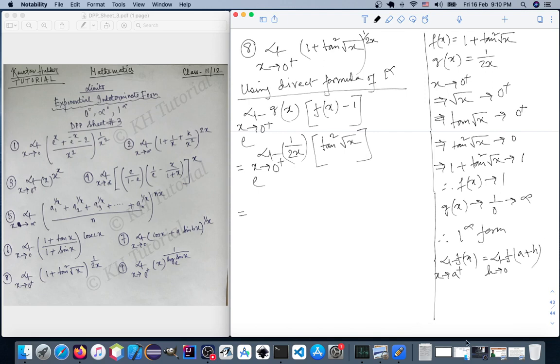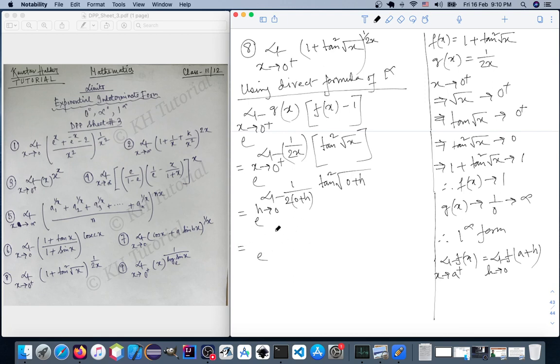So over here we can apply this in this example, and we get limit h tends to 0, 1 by 2 times (0 plus h) tan square root of (0 plus h).